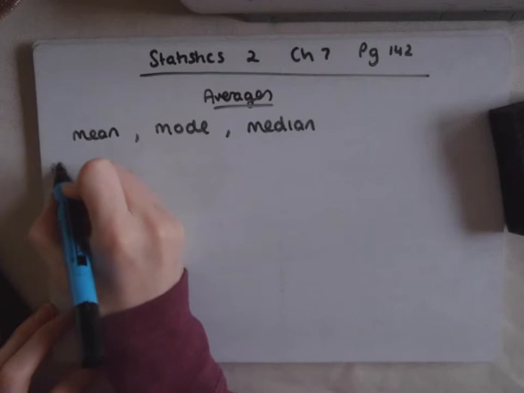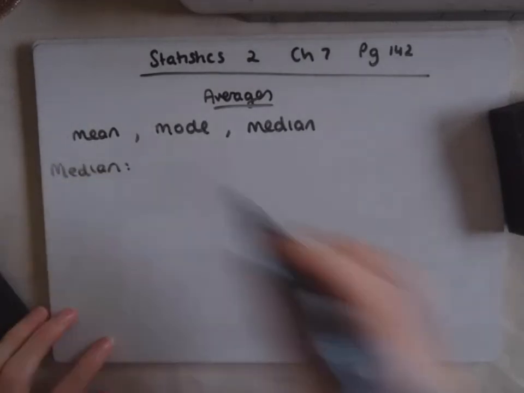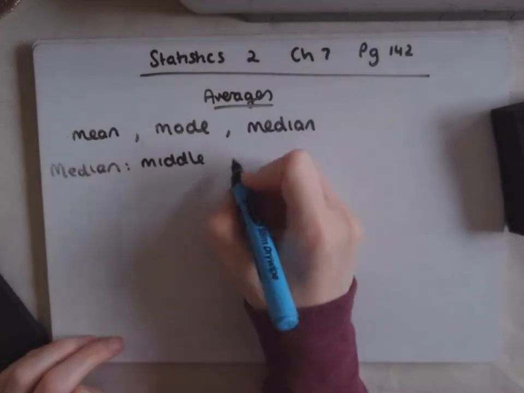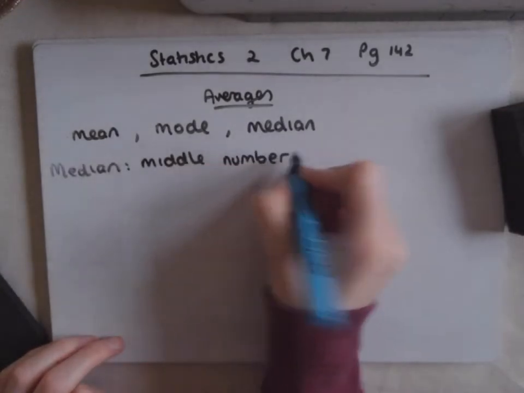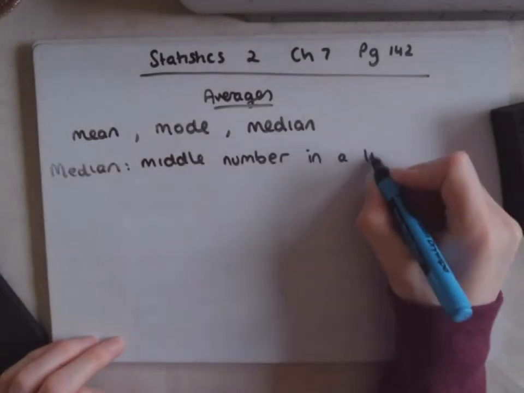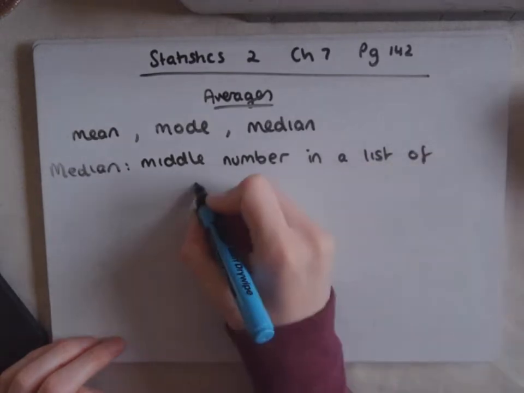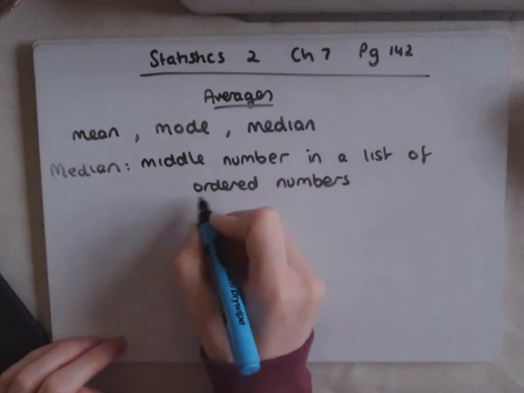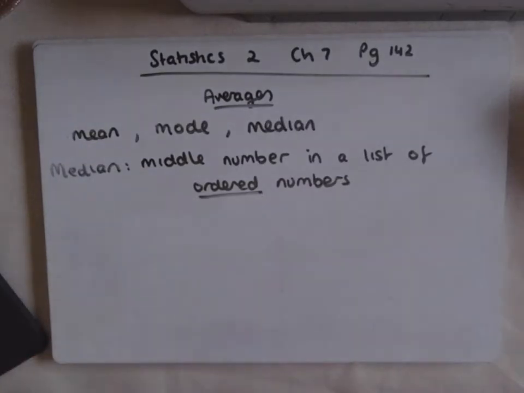So median is the middle number. Now it's very important that it's the middle number in a list of ordered numbers. They have to be in order.